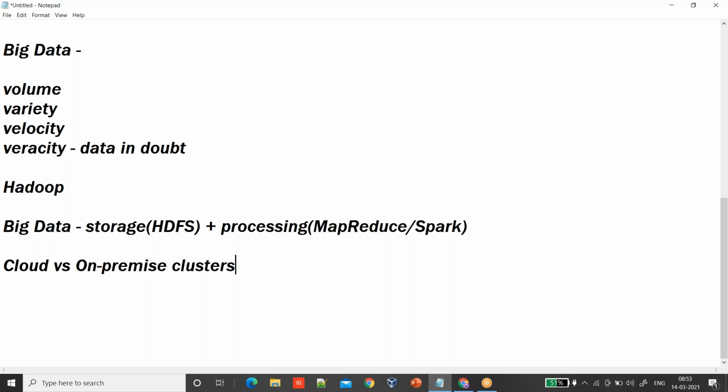The three prominent cloud providers right now in the market are Amazon AWS, Microsoft Azure, and Google's GCP, Google Cloud Platform. Google Cloud Platform is a recent entrant, so you can just rule that out from our discussion for the time being. The other two front runners are Amazon AWS and Microsoft Azure.